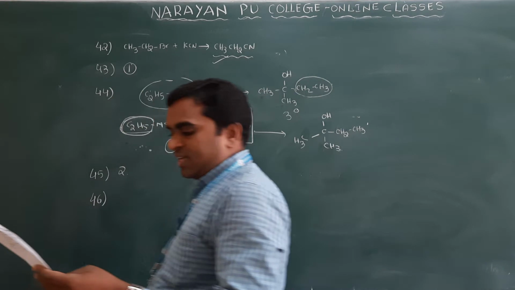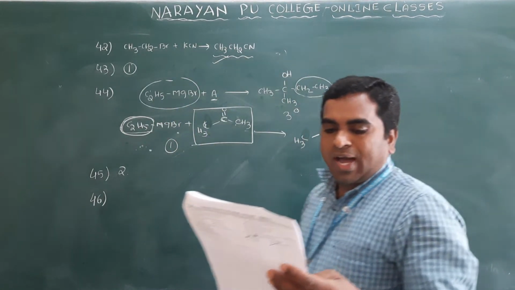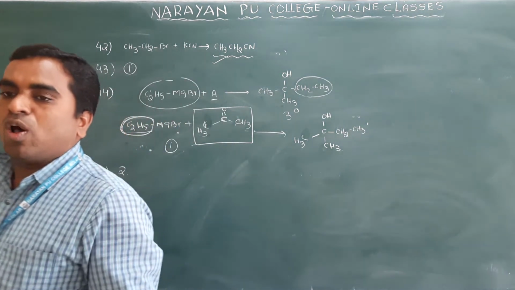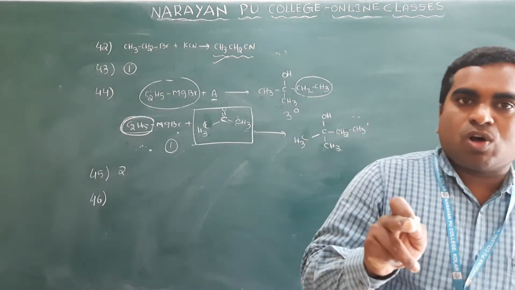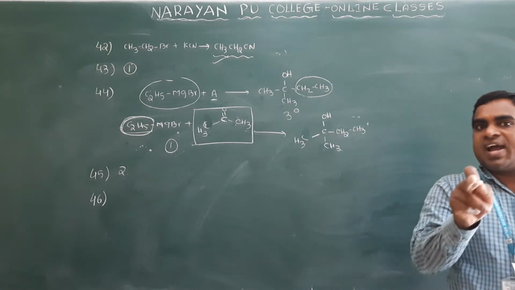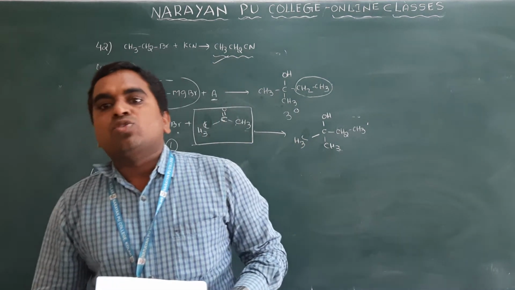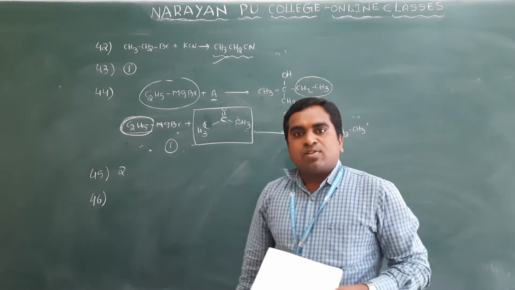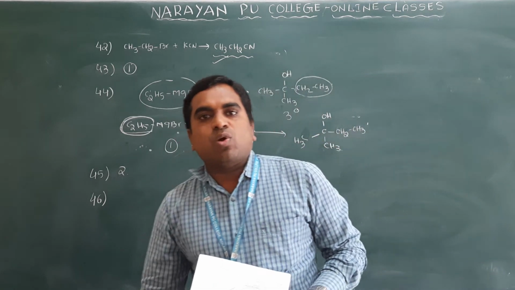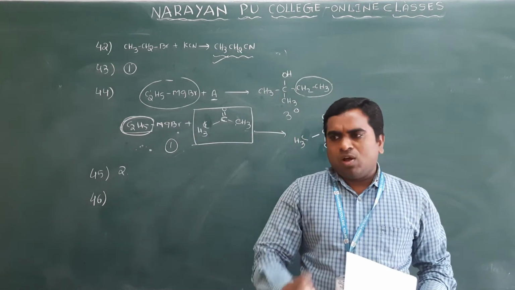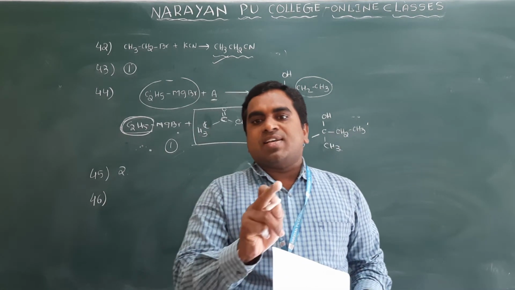Next one. 46. Which of the following chlorohydrocarbons readily undergoes solvolysis? I already mentioned what solvolysis means: the solvent acts as a nucleophile, and those types of reactions we call solvolysis reactions. 99% of solvolysis reactions follow the SN1 mechanism.